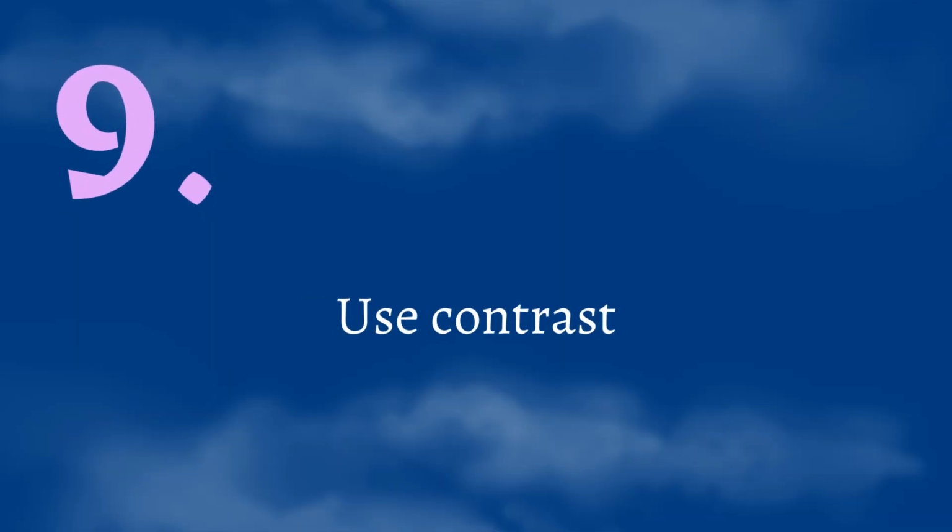Number 9, use contrast. When you use contrast to create a more dynamic, interesting portrayal of the place and the time that you're writing about, it can help your readers understand the differences and the similarities between your experience and what was going on as a whole.